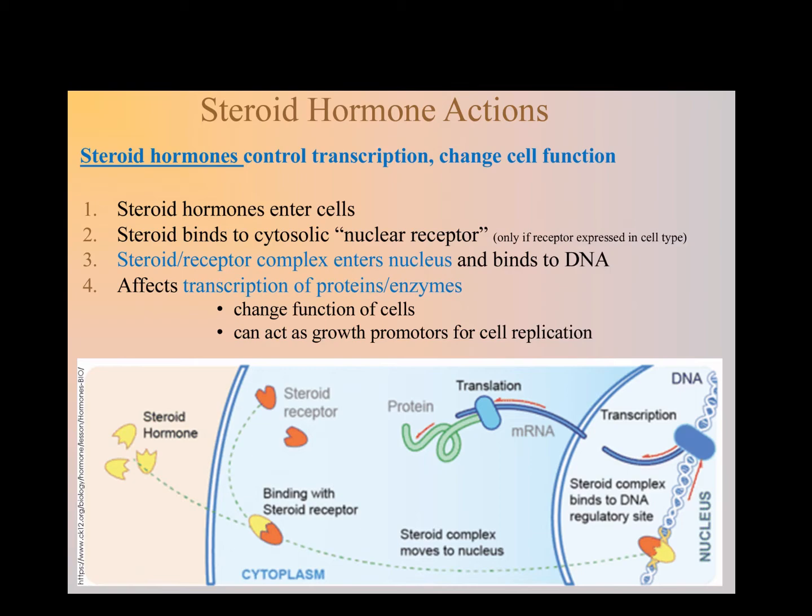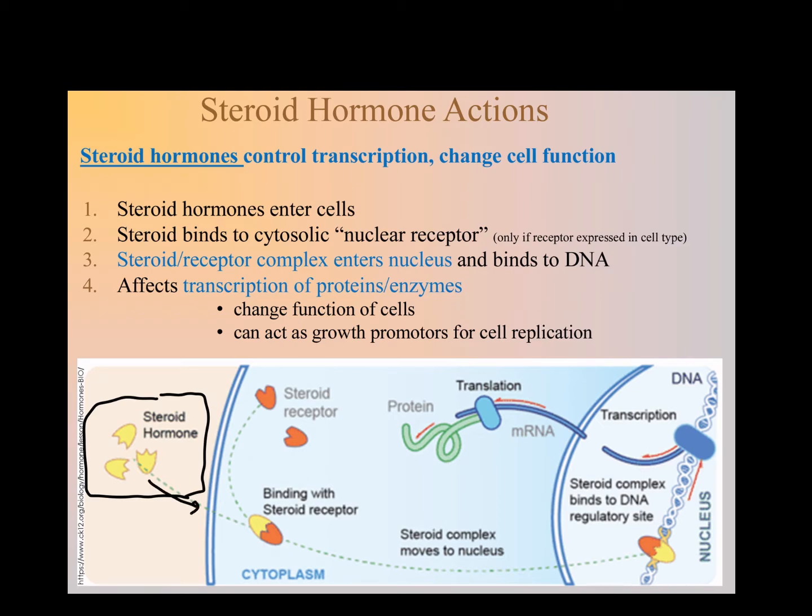What these guys are going to do is act on interior cytoplasmic receptors, and they're going to change the transcription of genes in a cell, and therefore change the cell function, because a cell is and does what the genes that it's producing tell it to do. So steroid hormones, and remember these are lipophilic, are going to be in the circulatory system.